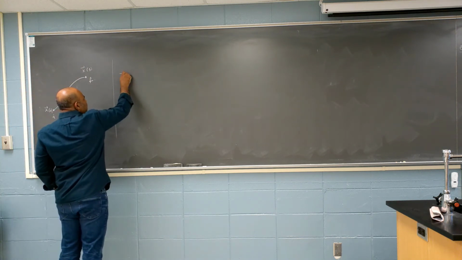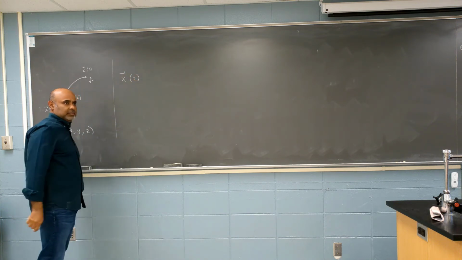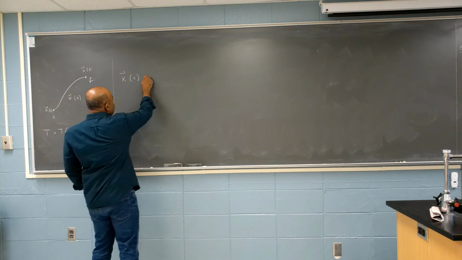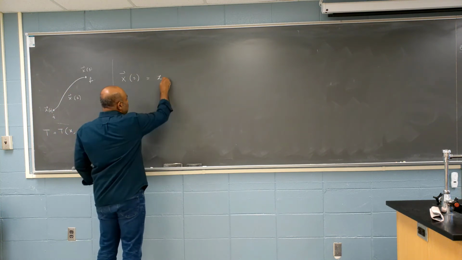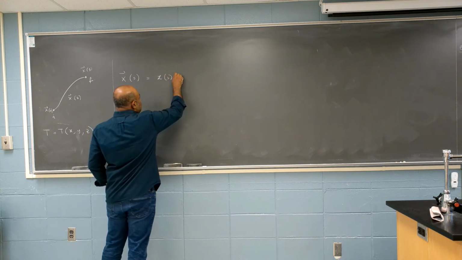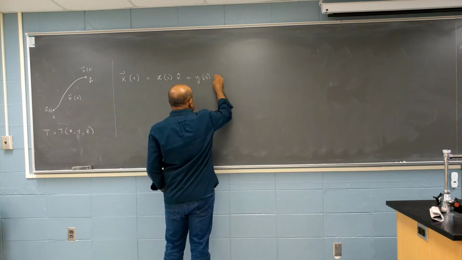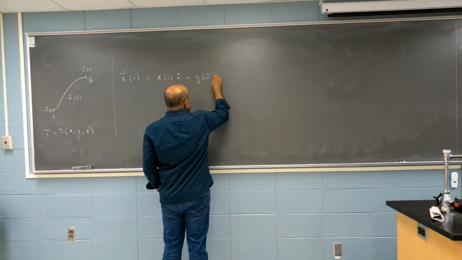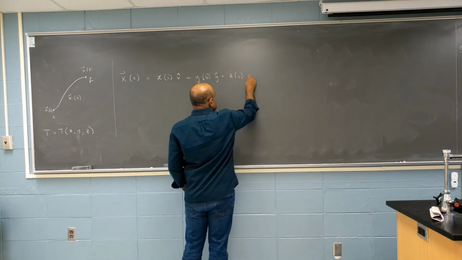So if I write x of s, then I have the coordinate, the x coordinate is some function of s in the x hat direction, y coordinate as some function of s in the y hat direction, and z, which is a function.